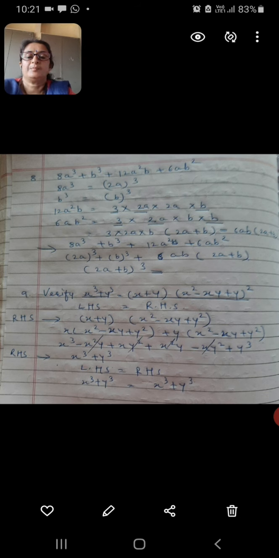So what is common between these two terms? 3 and 2a and b. So take it common, 3 into 2a into b, and whatever remains, 2a plus b, put it in the bracket. So multiply 3 into 2a into b, that gives you 6ab, and then bracket (2a + b) as it is. So it's in the format of (2a + b) the whole bracket cube. So replace that with numbers.